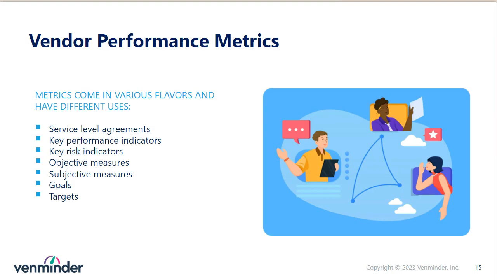Now, when it comes to vendor performance monitoring and management, there's all sorts of things that are involved, and that could be all of your metrics, your scorecards, your dashboards, and it's really important to learn how to design and implement these tools effectively. Knowing which objectives we're going to include and knowing if a metric is subjective or objective can really make all the difference in effective performance management. It's also really good to know when and how you should use a service level agreement versus, say, a key performance indicator.